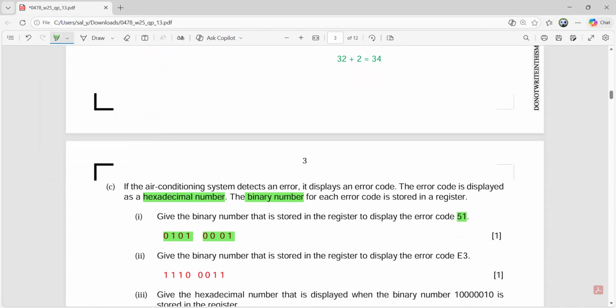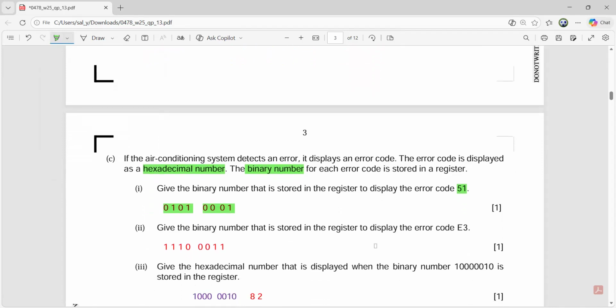The other part is, give the binary number that is stored in the register for the same value. You are asked to give the binary number for the error code E3. Now just see for yourself, both are error codes and both are your hex values. But here the error code is 51. A child may make a mistake that he thinks that it is fifty-one, and he may make the binary for 51.